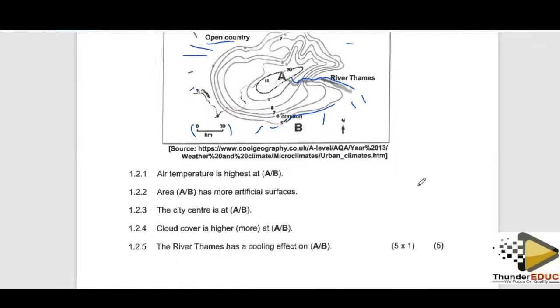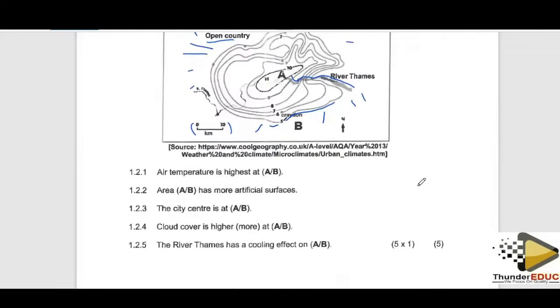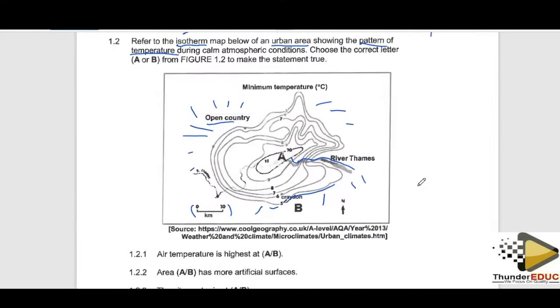Looking at the questions, 1.2.1, it says air temperature is highest at A or B. Remember, you choose one. You either go with A or you go with B. But for our case, we need to make the statement. They said, choose the correct letter, A or B, to make the statement true.